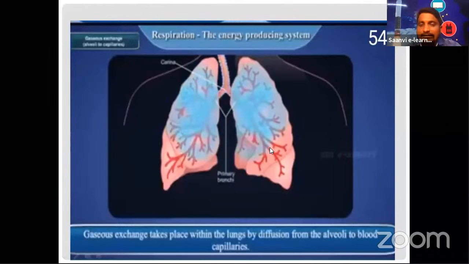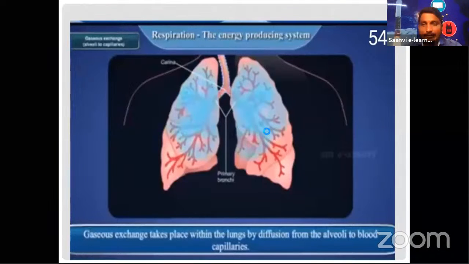Alveoli is the plural; alveoli are air-sac-like complex structures present in the lungs. In blood capillaries, blood will flow.